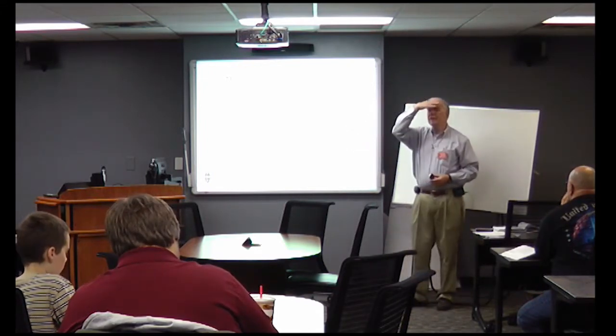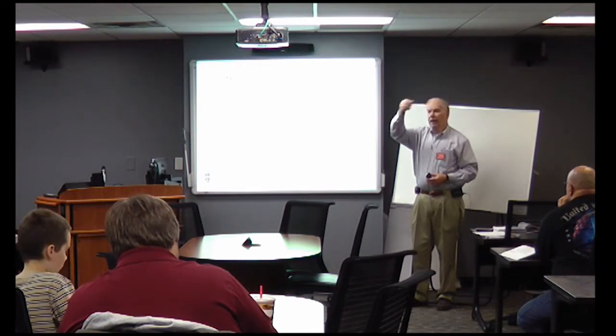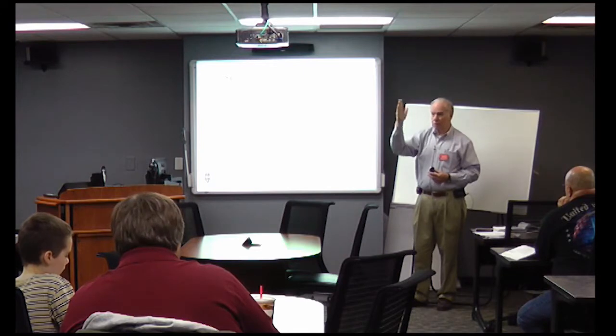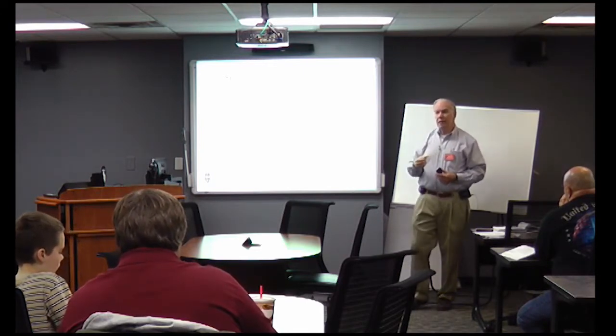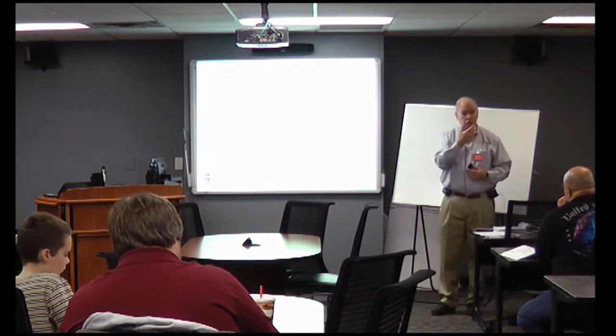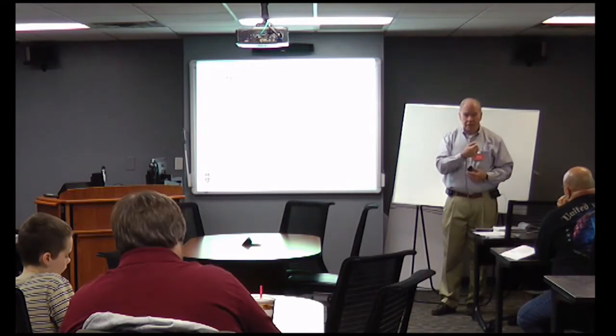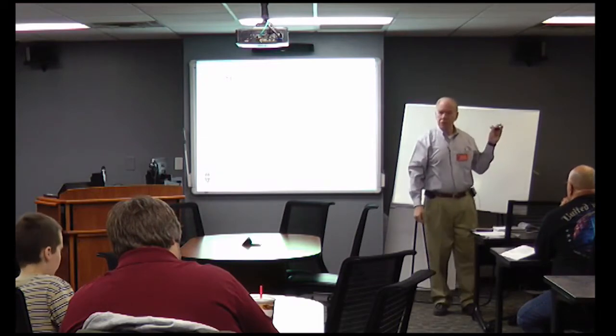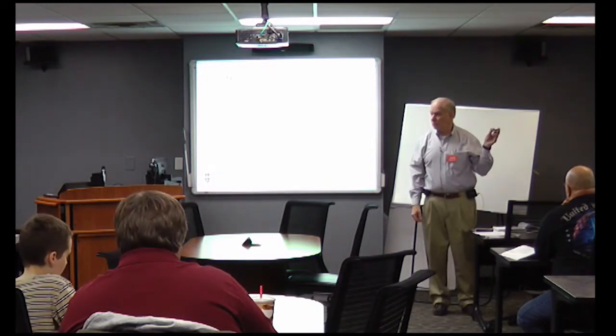Let's say I was in Fairview and I wanted to talk to somebody in College Grove. That's a pretty long haul across Williamson County. If I had a small low-power radio, if I was in Fairview, I couldn't get the person in College Grove to hear me.